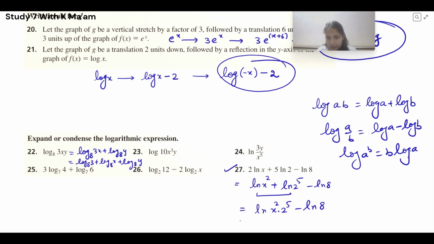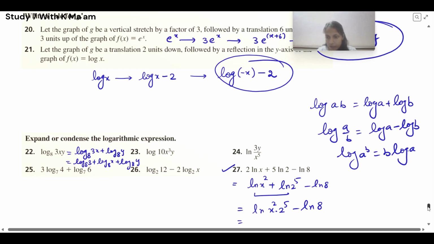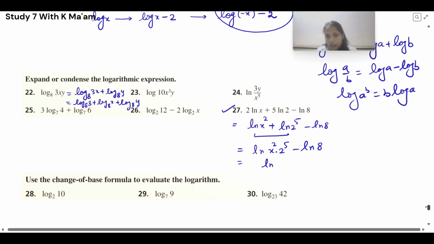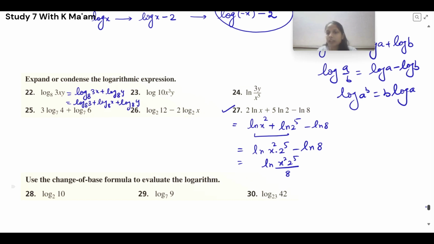This can be written as ln of x square 2 power 5 over 8. 8 is 2 power 3. You can cancel 2 power 3 with 2 power 5 here and you are left with only x square and 2 square. Done?